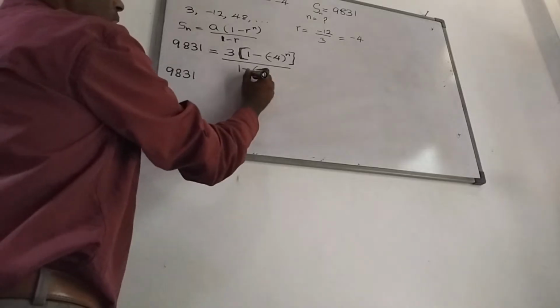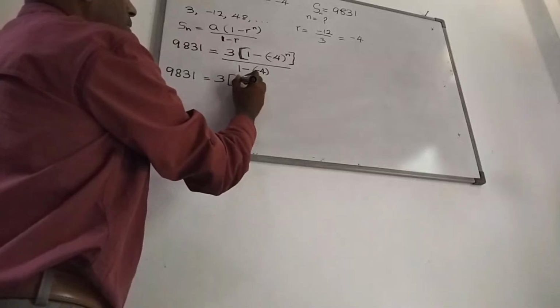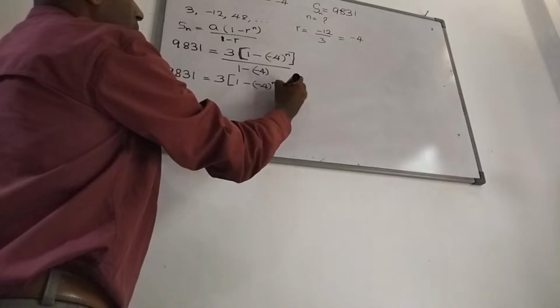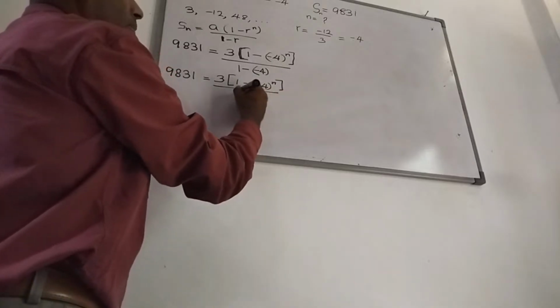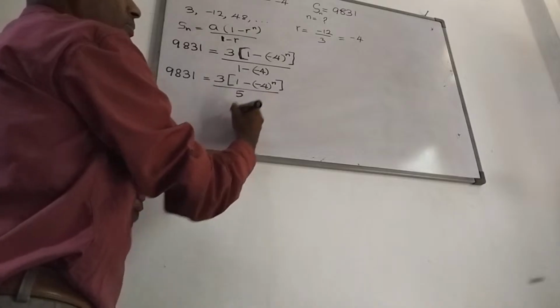So 9831 equals 3 brackets 1 minus negative 4 to the power n, divided by, minus minus is plus, 1 plus 4 is 5.